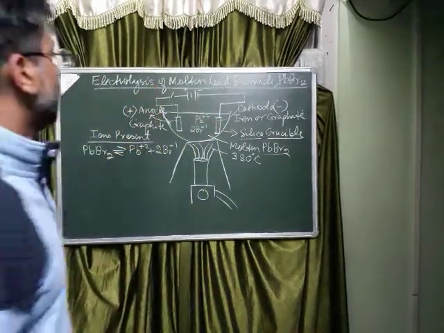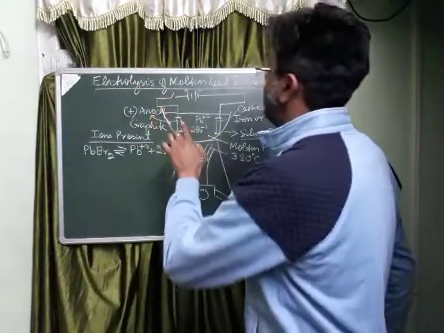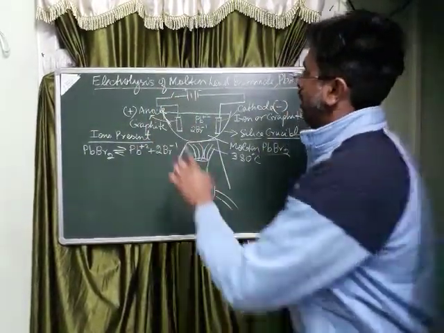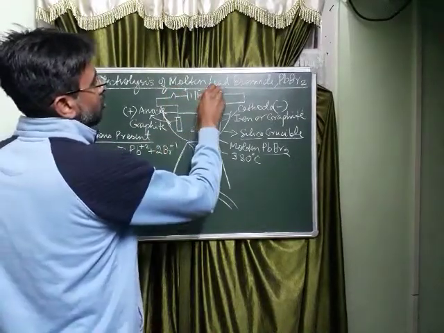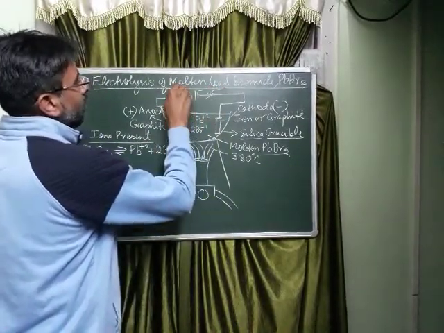In the beginning, the switch is off. When the switch is put on, electrons flow this way, current flows this way.